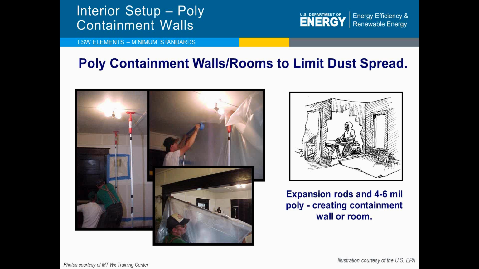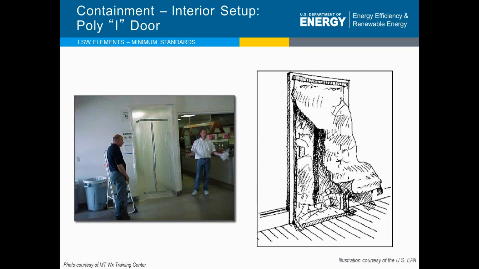Okay, so there's a lot of great products out there that make this very, very easy, and crews that have been doing it for a while know exactly what I'm talking about. In some cases, interior containment, we're going to create a containment door. And it's a 2-piece door, typically, a split door that's just 6 mil poly, duct tape, and a flap that's integrated into our floor plastic.